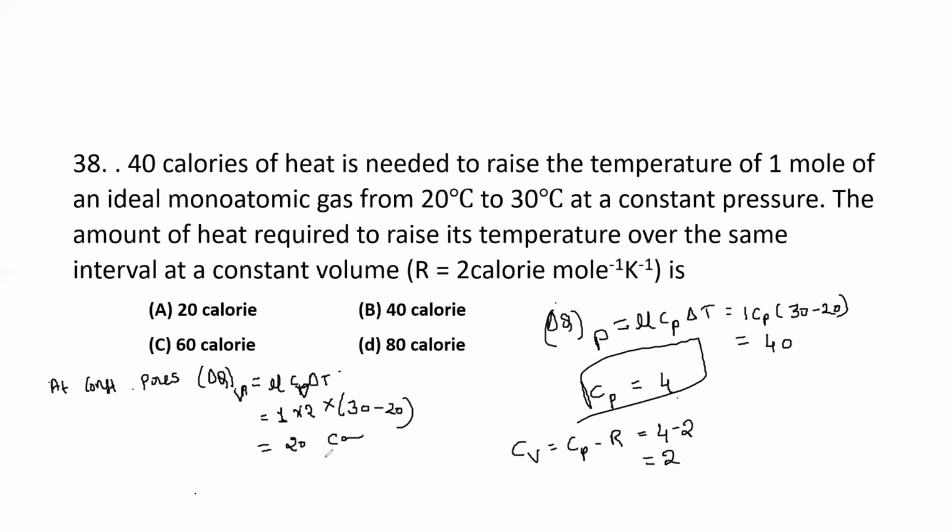So if you simplify this, we will get it as 20 calories. So first we need to calculate Cv value, then we can do this calculation. To calculate Cv, we have Cp minus R according to Mayer's relation. Then substitute the values and simplify.